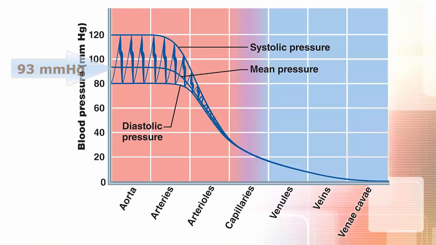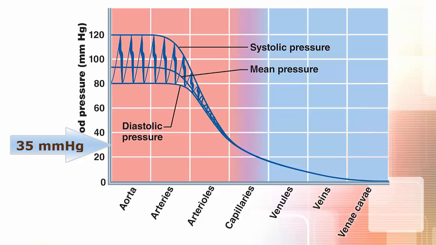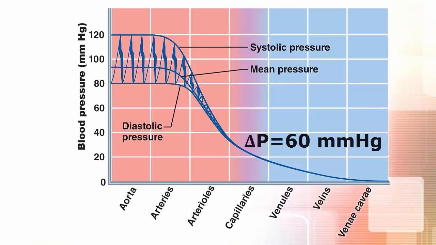MAP is approximately 93 millimeters of mercury at the beginning of the trip and drops to about 35 millimeters of mercury at the beginning of the capillary beds. So at the smallest arterioles, the change in pressure is about 60 millimeters of mercury, or we could say the gradient is 60 millimeters of mercury.